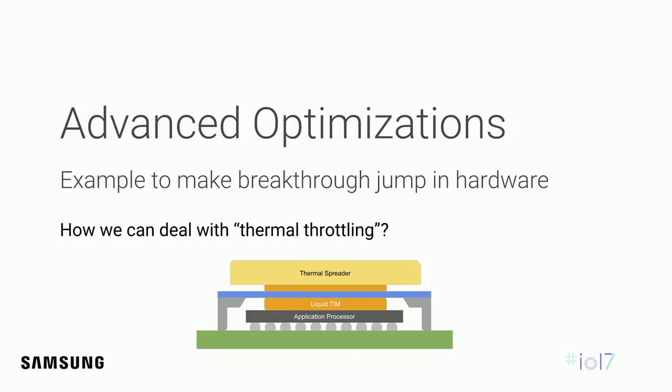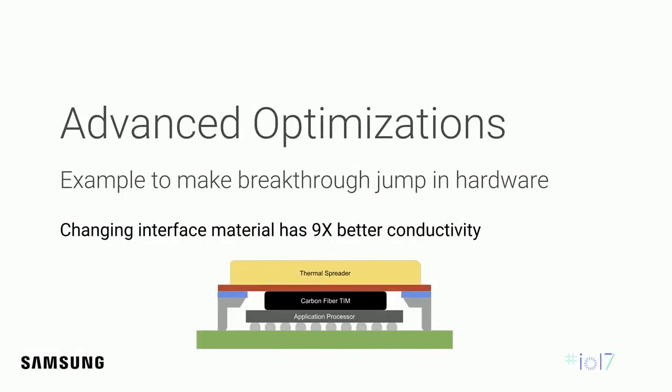So we optimized the structure of the heat spreader and changed the interface material to one with 9 times better conductivity between the heat spreader and the AP chipset. So now Galaxy S8 has a 7-degree lower AP chipset temperature in the worst case scenario, and this gives a more comfortable experience to users when they play games. This is not just a trade-off, but a fundamental change for a breakthrough jump.